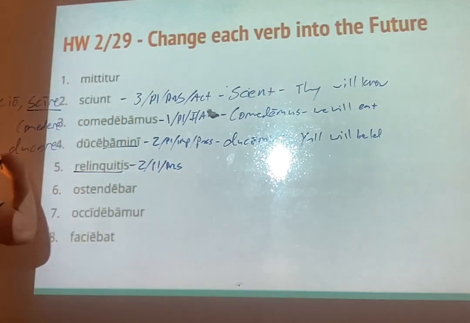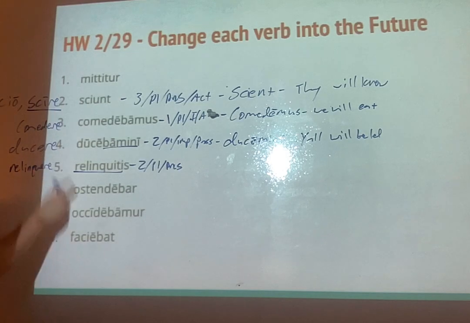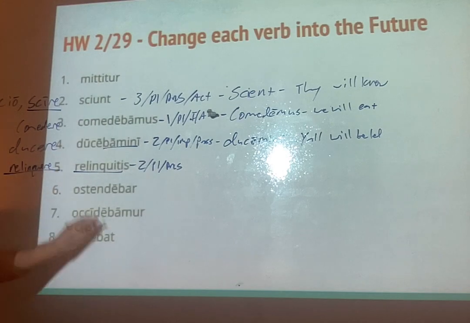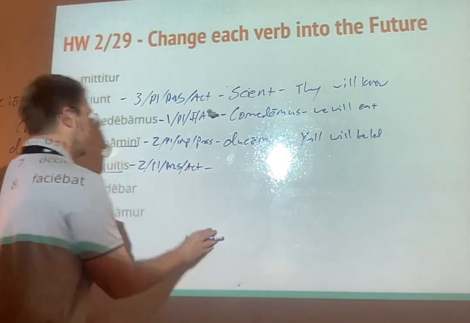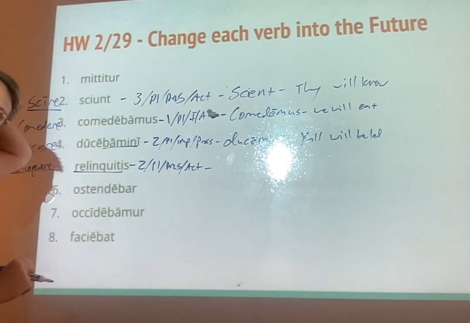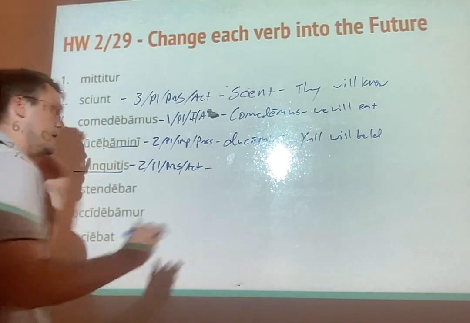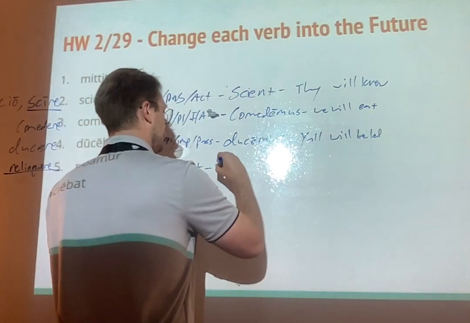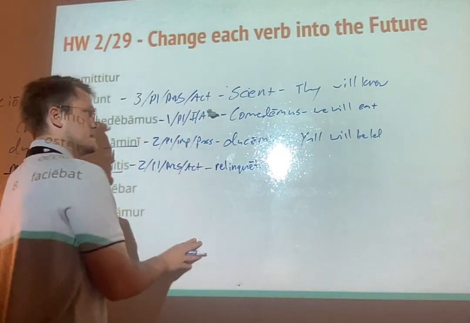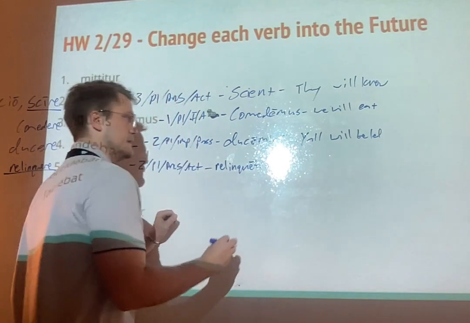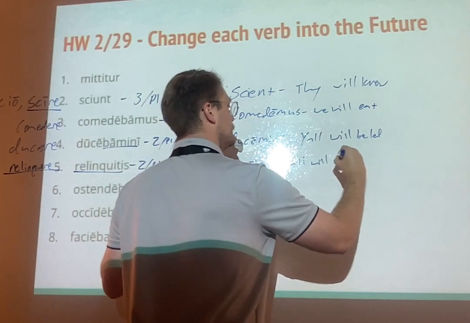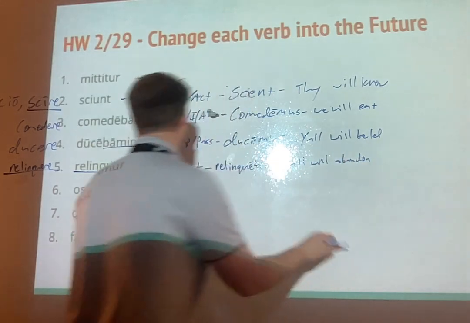It comes from relinquere, and you know that the weak, wimpy e changes to an i for the third conjugation. It's active. How would it look if this third conjugation verb changed to future? Relinquētis. Yep, you're good. Pronunciation's good. So how would that translate? Y'all will abandon. Good. Or leave behind, or whatever.